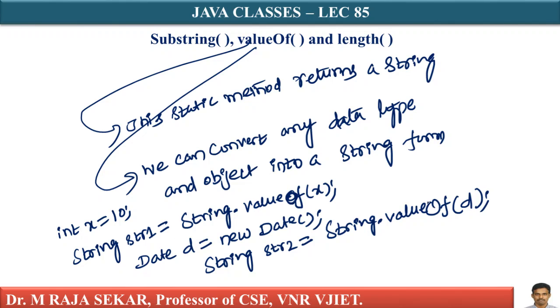What will it print? valueOf(d) means this date will be converted into a string form. That's the purpose of this valueOf method.